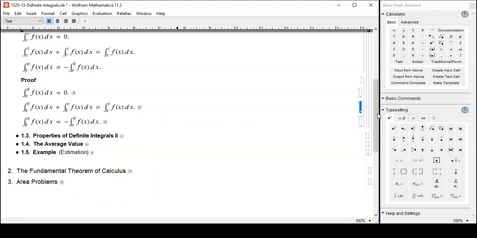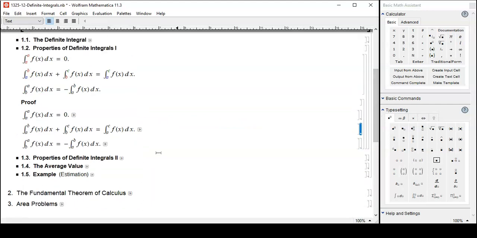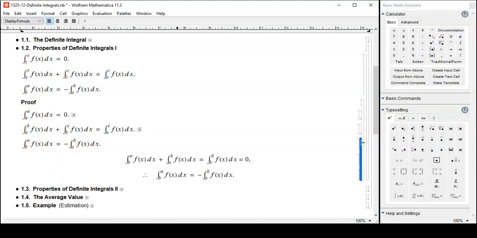Now the third property, this one is a bit harder to see, and most people view it as just a formula from A to B versus from B to A. Well, you can prove it rigorously like this, using the second property here, integral from B to A, and then A to B. So this number here, which is highlighted in bold, and this one I highlighted in bold, those are the same.